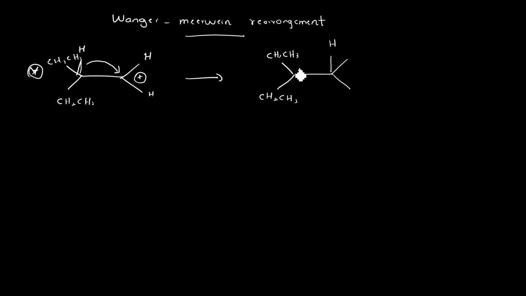Now this is our positive charge, which is much more stable because of the donation of electron density from these two R groups. We call this particular rearrangement a hydride shift.